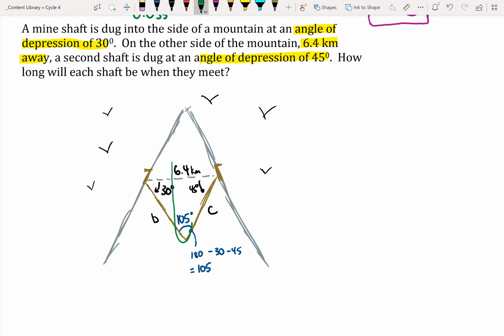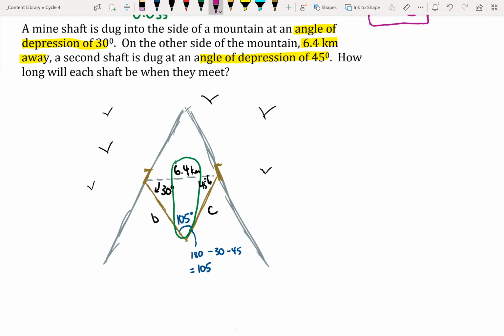So I see my full pair here, the 6.4 kilometers and the 105 degrees.